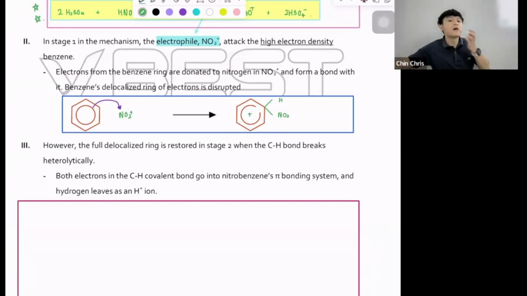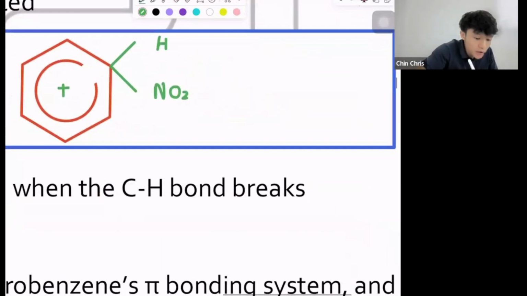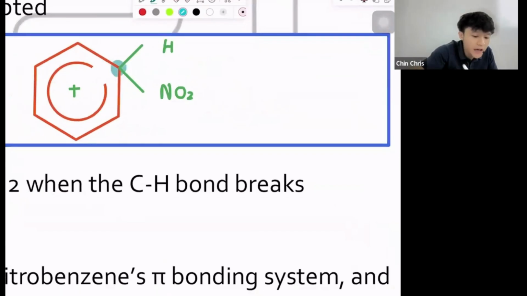Alright guys, next. I want you to highlight this carbon. I have a question regarding this carbon. Please tell me, what is the hybridization state of this carbon? Is it still sp2?